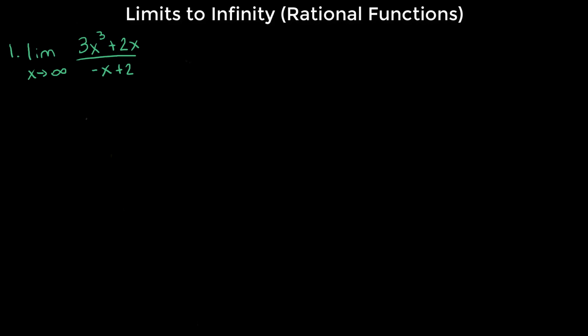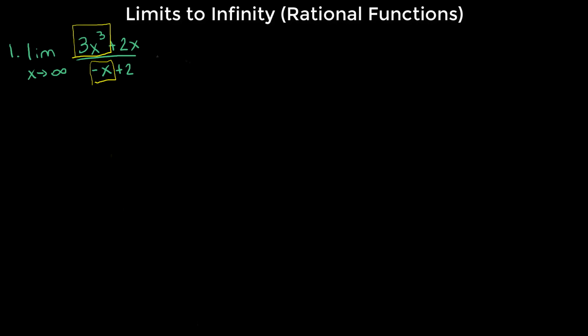We can see that 3x cubed is the fastest growing term of the numerator. Negative x would be the fastest growing term of the denominator, and it just so happens that there's a negative on it. That's fine. So we have our two fastest growing terms.